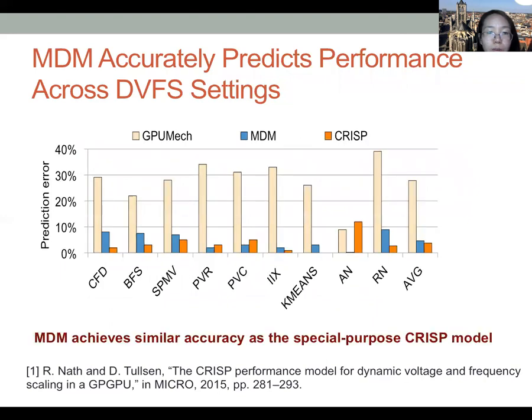This figure shows the prediction error for predicting the relative performance at 1.4 GHz versus 2 GHz for memory divergent applications. We find that MDM achieves similar accuracy to the special purpose CRISP model.